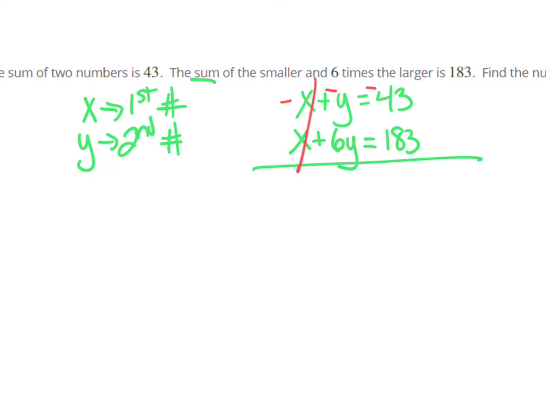So negative 1y and a positive 6y would leave me with 5y. And a 183 that's positive with a negative 43. When I combine those, I'll end up at 140. Divide by 5.